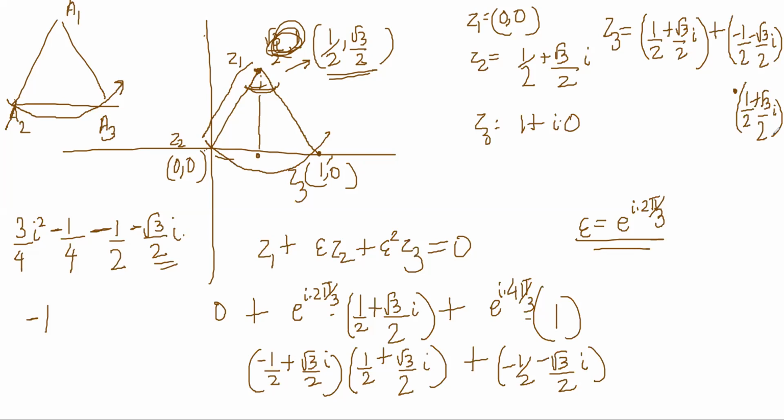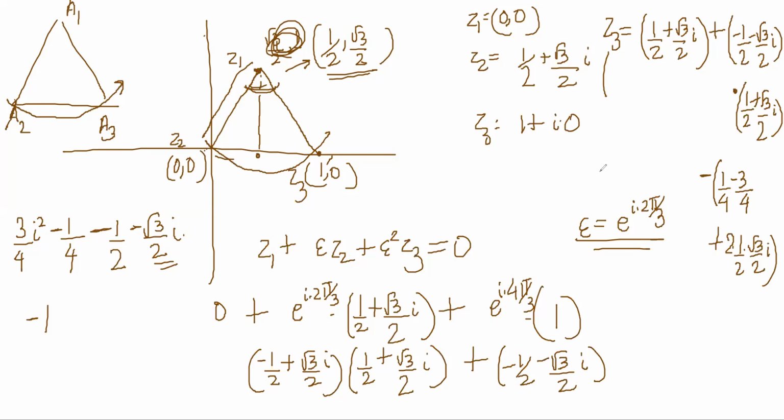So is it coming out to be Z3? Let's check. This multiplication is minus, just the negative of it. So minus taken common, this is half plus root 3 by 2i whole square. So it is 1 by 4 plus 3 by 4, so minus 3 by 4 plus 2 into half into root 3 by 2 into i.